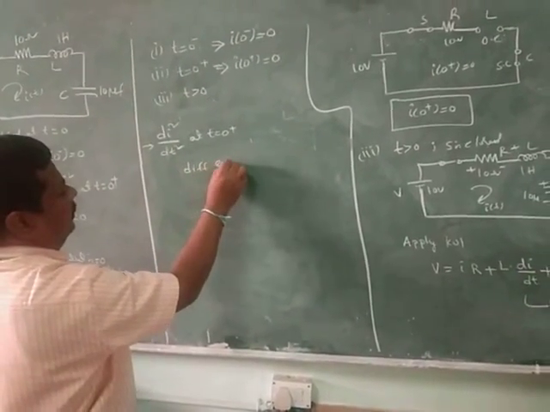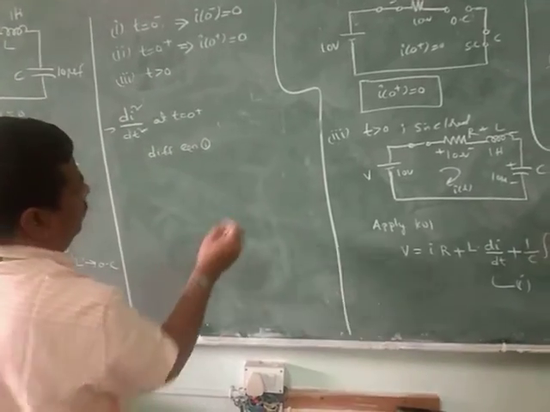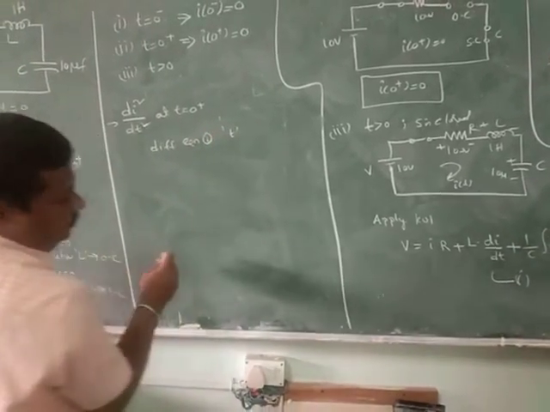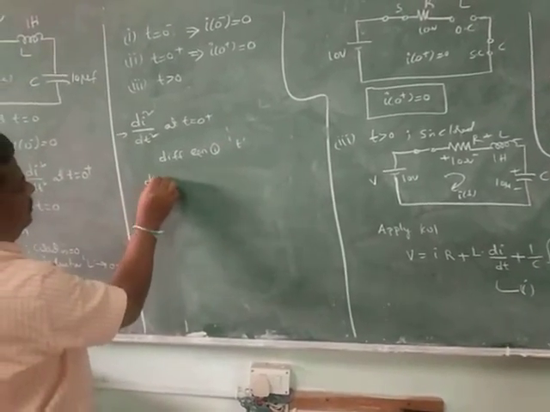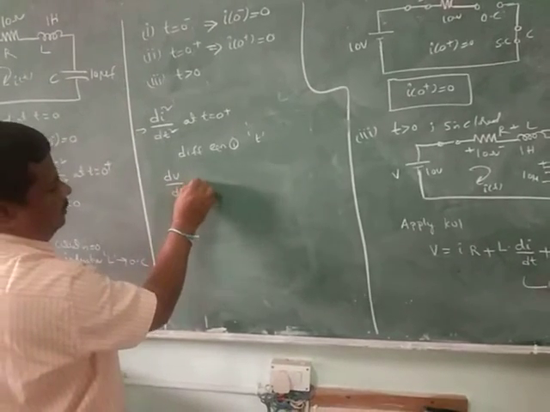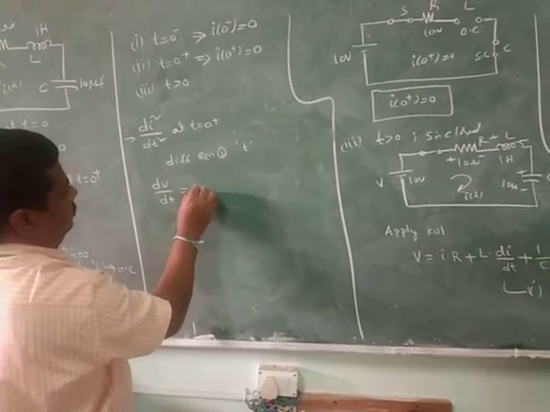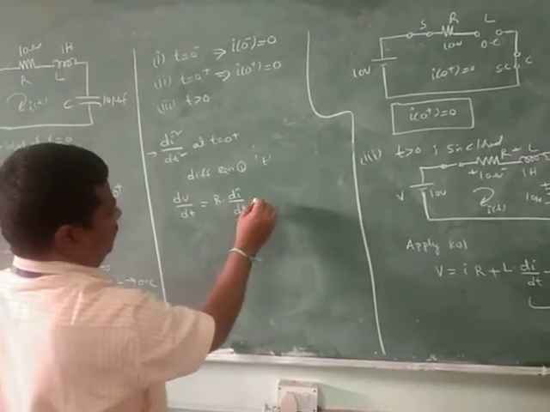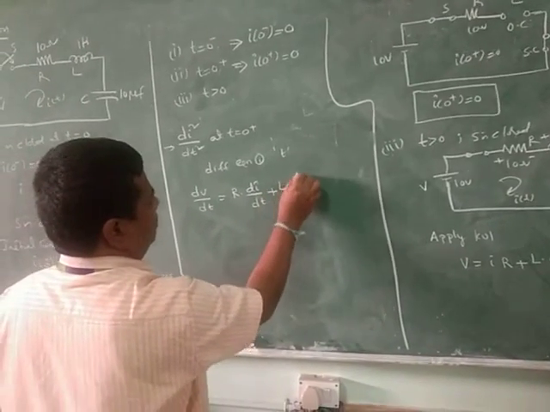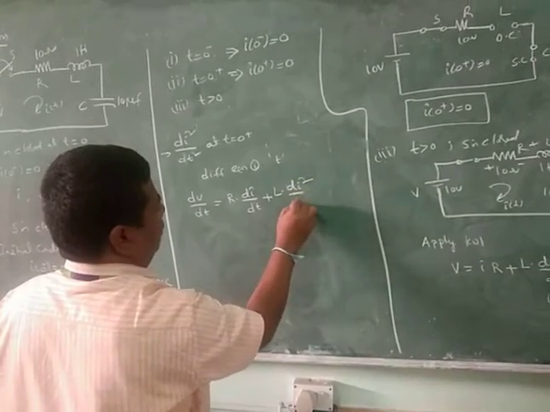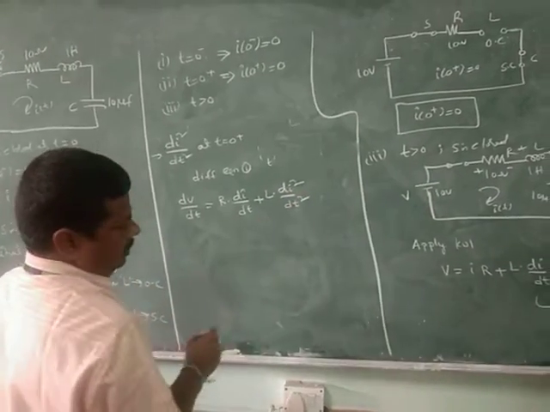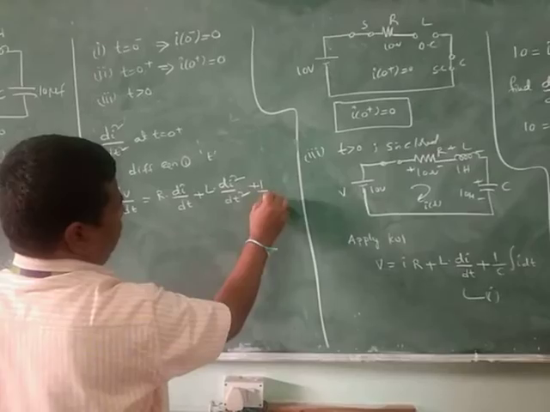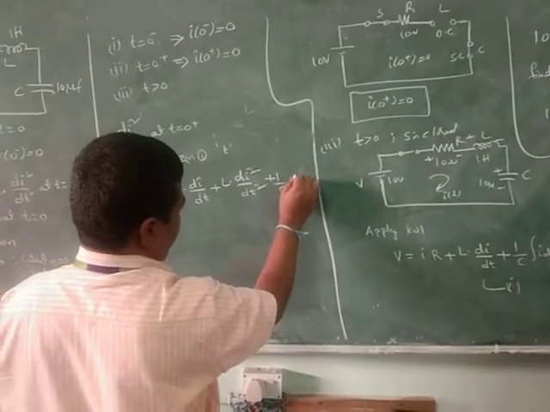Now dV/dt is equal to R into di/dt plus L into d²i/dt² plus 1/C into i.